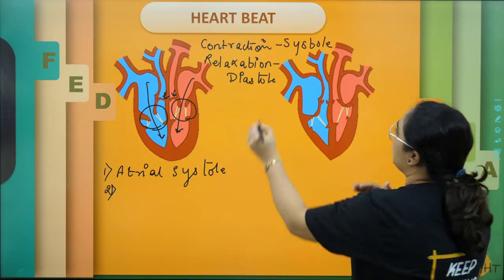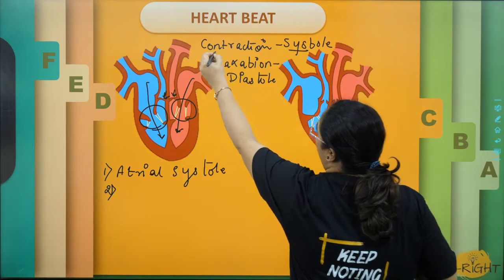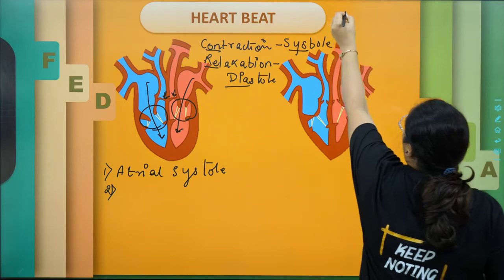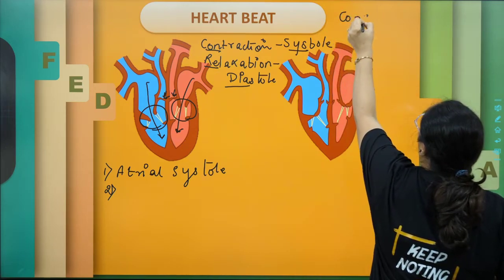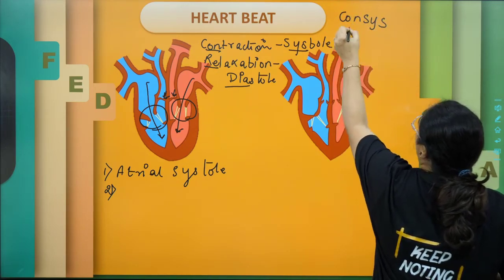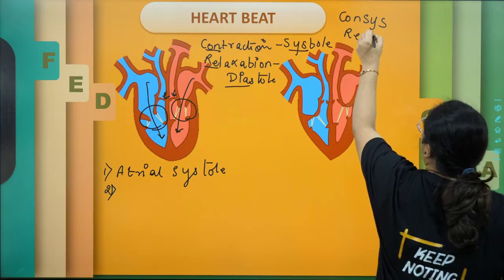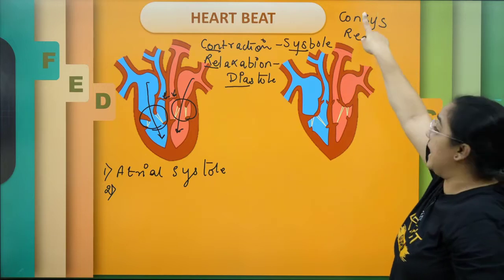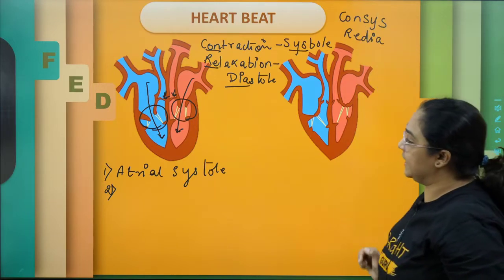So in short you can remember this as con-sys and re-di, right? So shortcut for you is con-sys re-di. So contraction ko we will call it as systole and relaxation ko we will call it as diastole.